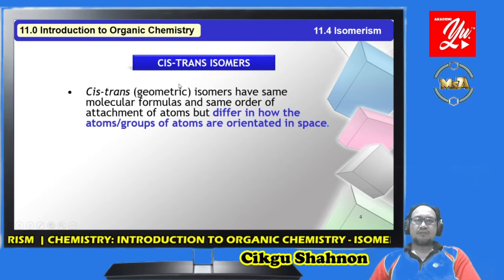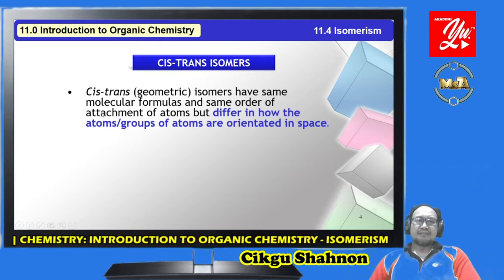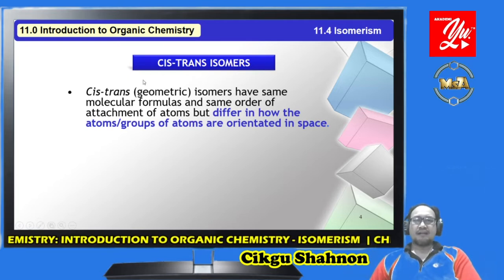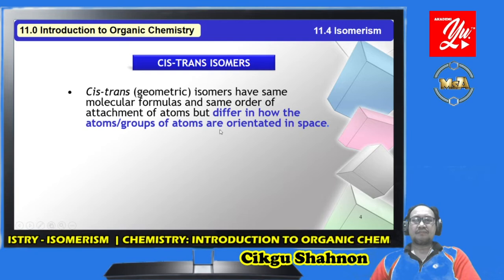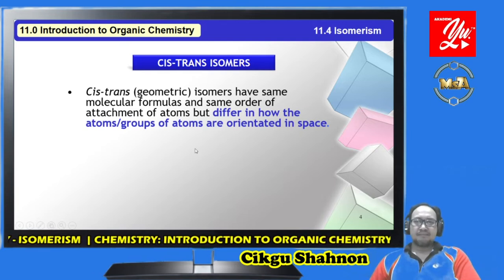Okay, we go to the cis-trans first. Cis-trans or geometric, ni buku-buku yang lama dia guna geometric isomers. Okay, cis-trans isomers have the same molecular formula and same order of attachment of atoms, but differ in how the atoms or groups of atoms are oriented in space.